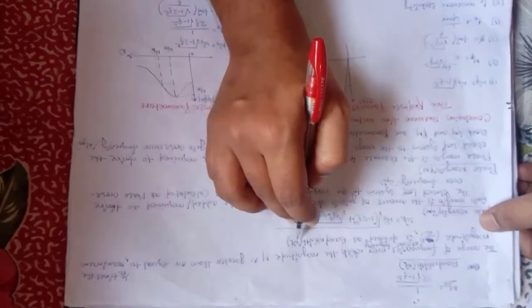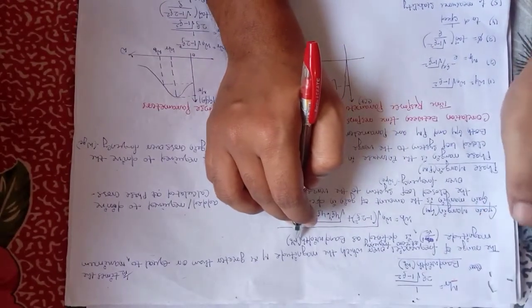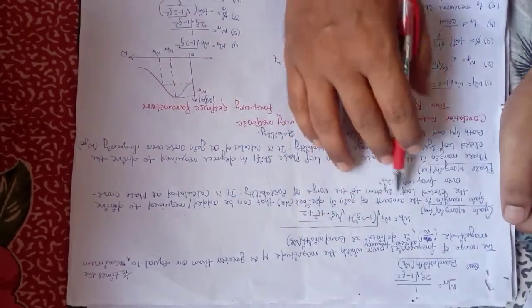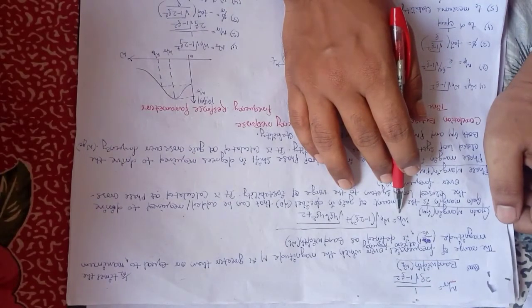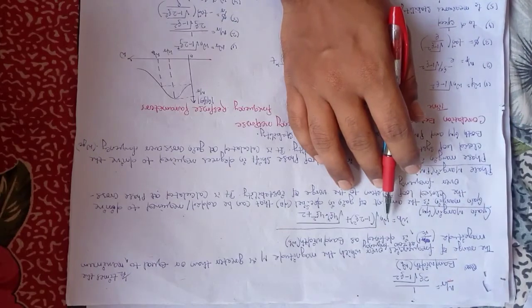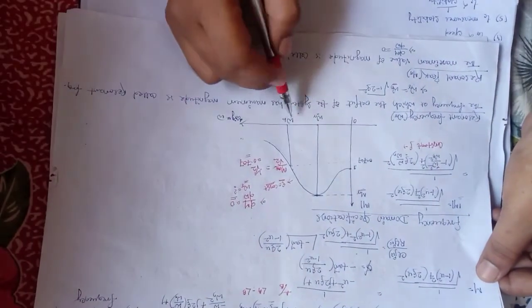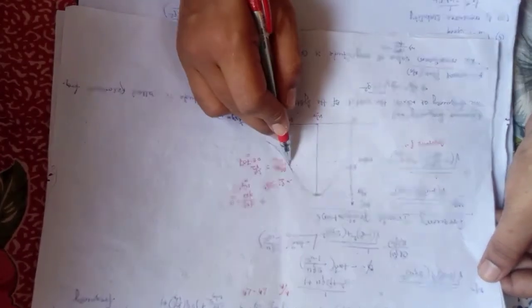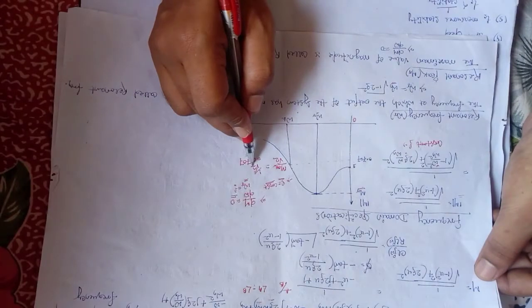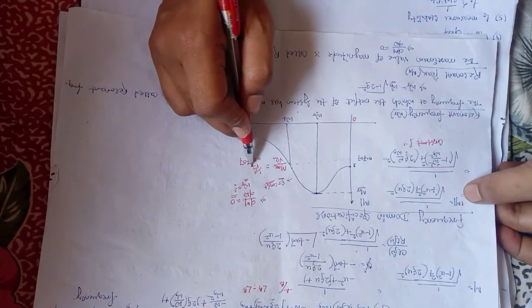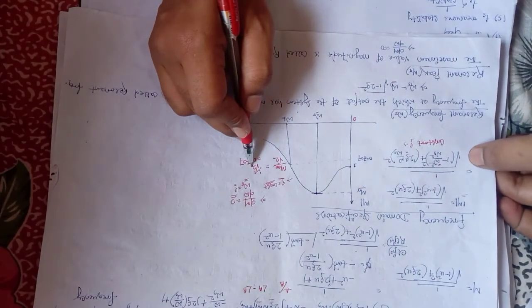So the bandwidth formula, omega b equals, how do we find it? As we know, at bandwidth the magnitude is 1 by root 2. We have the formula for magnitude, that is 1 by root of (1 minus omega square by omega n square) whole square plus (2 zeta omega by omega n) whole square.